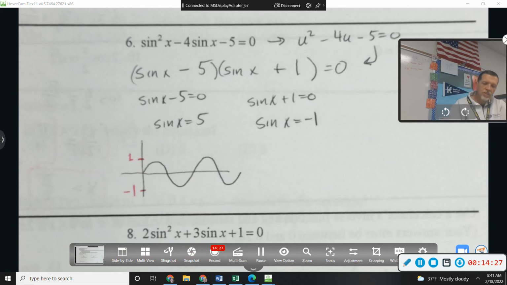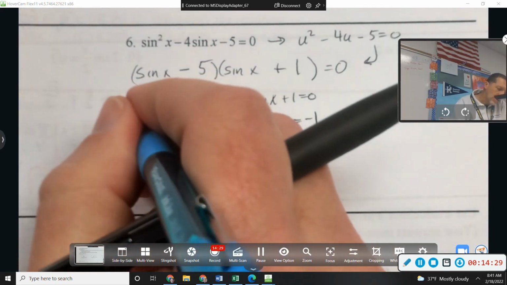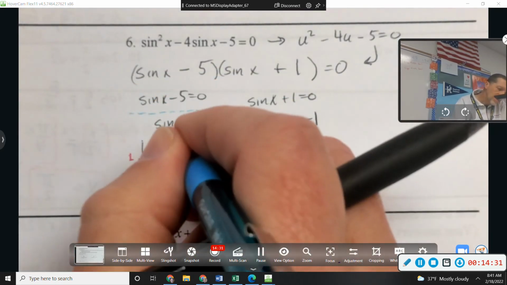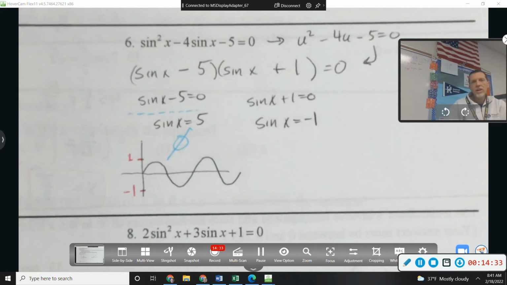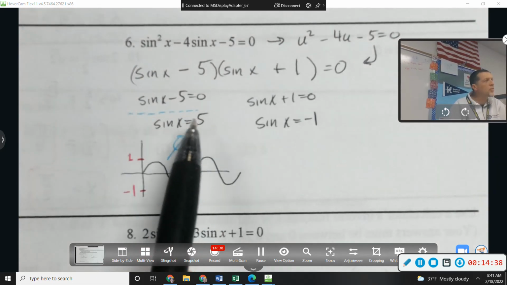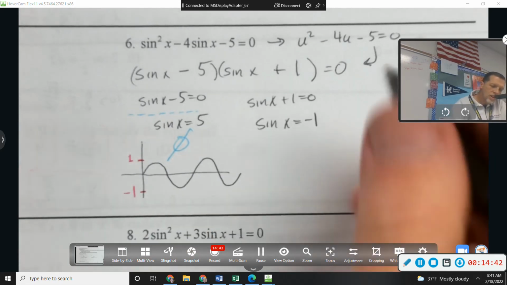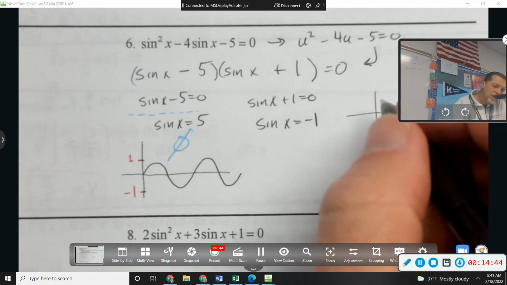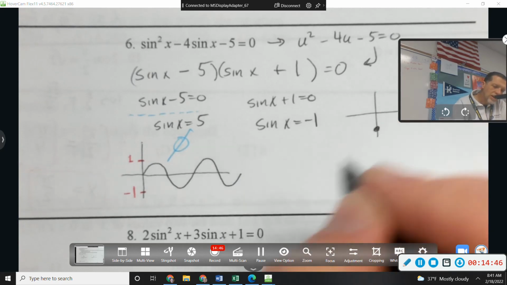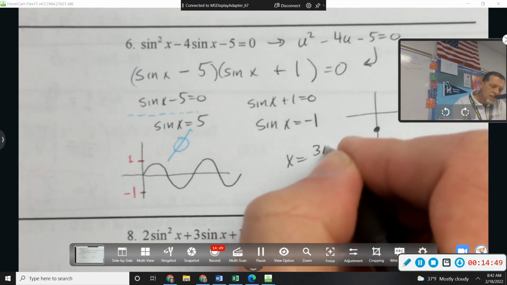So where is the sine of x equal to 5? That's like way up here. It's not. So careful saying no solutions. When you say no solutions, you mean to this part of the problem. You don't mean for the whole thing. This doesn't add any solutions. Sine of x equals -1. That would be down there at 3 pi over 2.